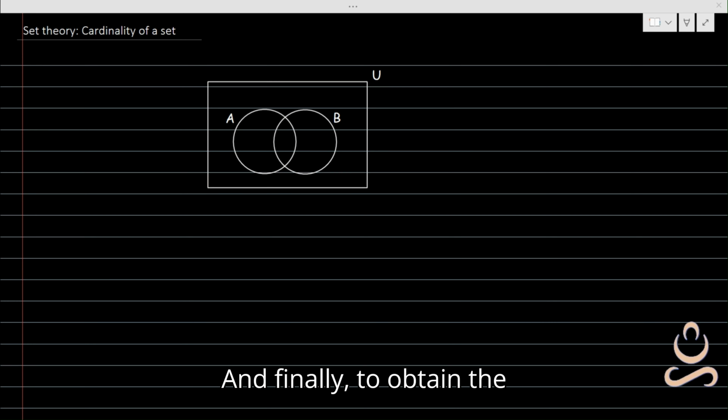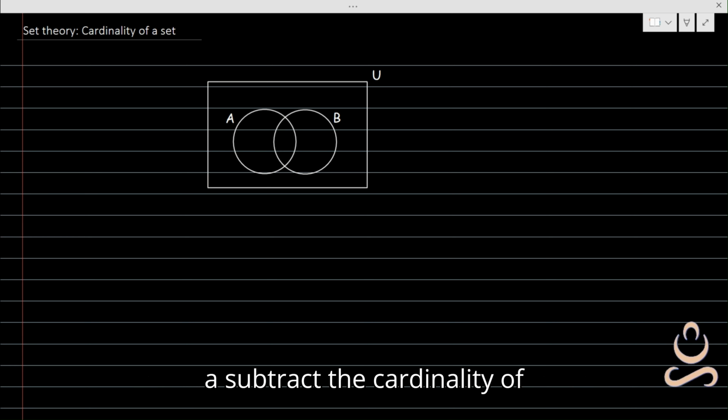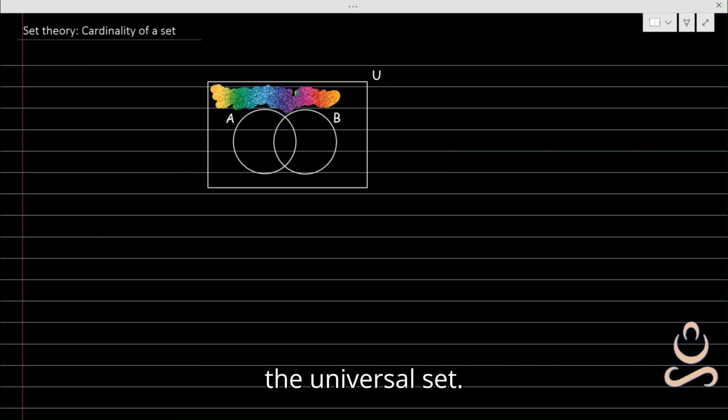And finally, to obtain the cardinality of the complement of a set, we subtract the cardinality of our set from the cardinality of the universal set.